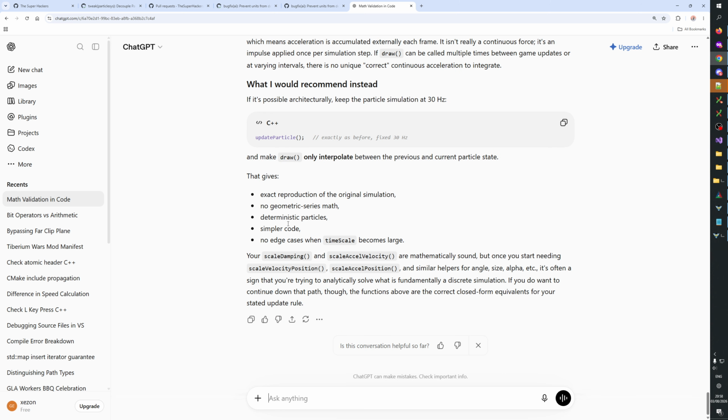Oh boy. Interpolates between the previous and current particle state. But then they lag behind.